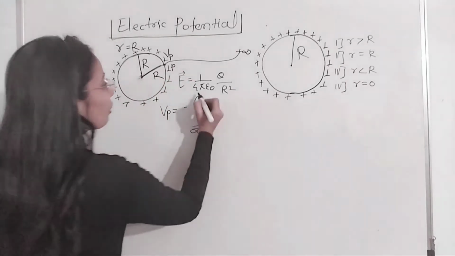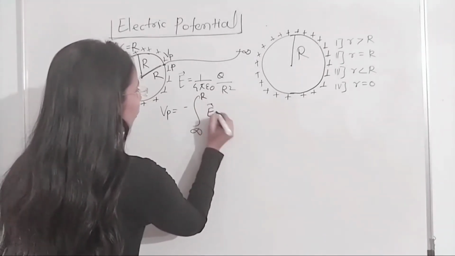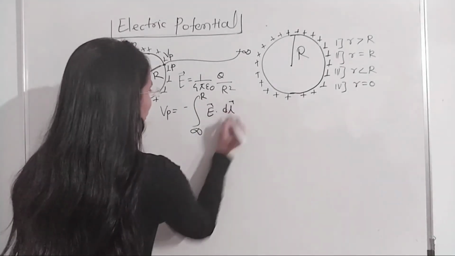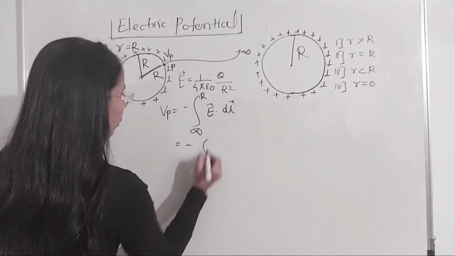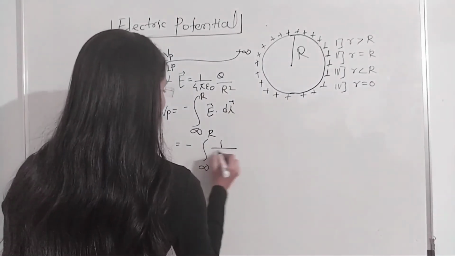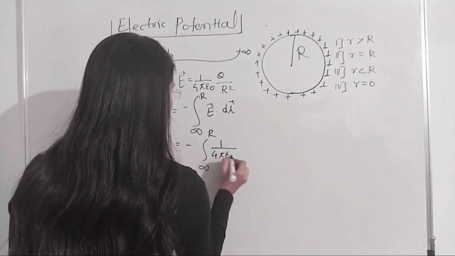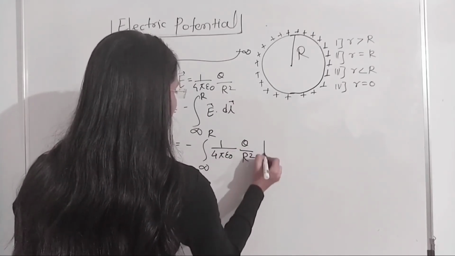So this is minus integral infinity to R of E dot dl. What is the value of E? E is 1 by 4 pi epsilon naught Q by capital R square, dr.